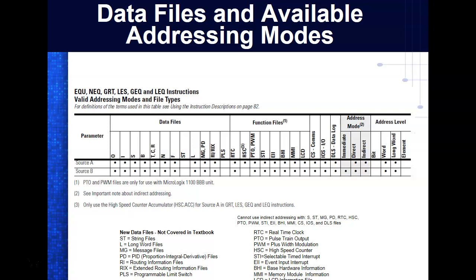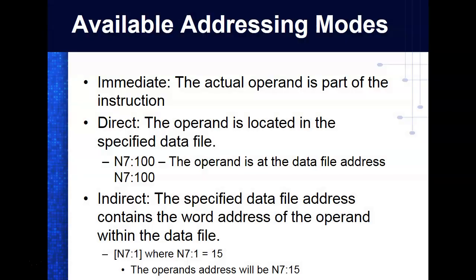Everybody okay? So when you say N7 and that stuff in your math instruction, you're using direct addressing. So we're probably going to get ours from one of these registers right here, right? Well, we could get it from inputs. Immediate addressing, the actual operand is part of the instruction. Direct addressing, the operand is located in the specified data file. And there's a lot of them, right?